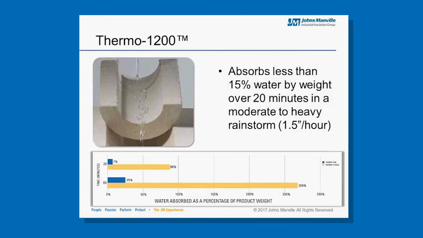One of the new features with the Thermo 1200 material is that it is a water repellent material. What this means is that it absorbs less than 15% water by weight over a 20-minute period in a moderate to heavy rainstorm. There is no ASTM test method currently to measure this.